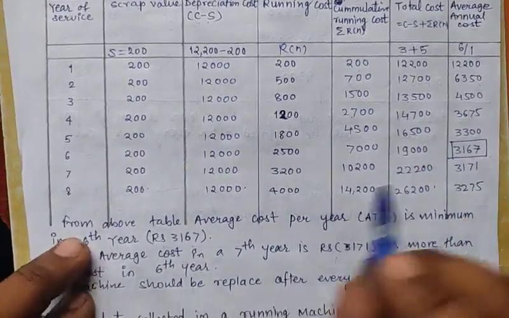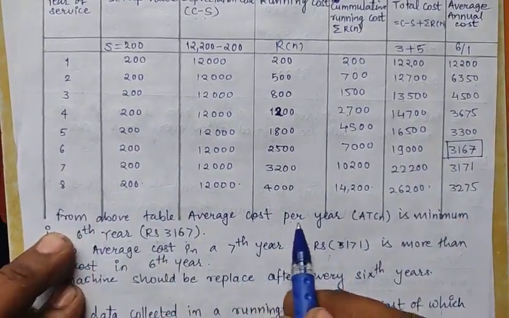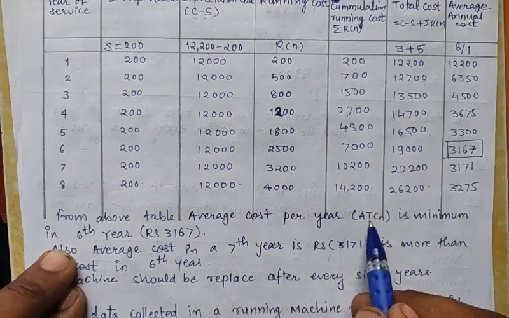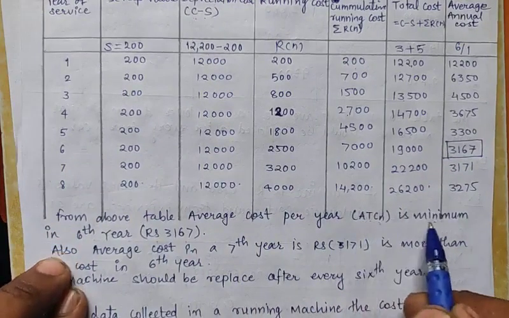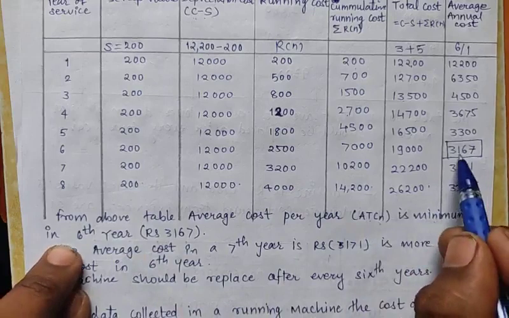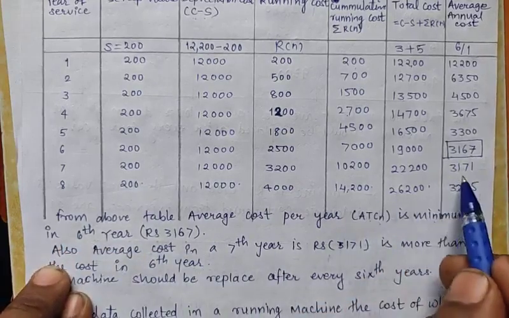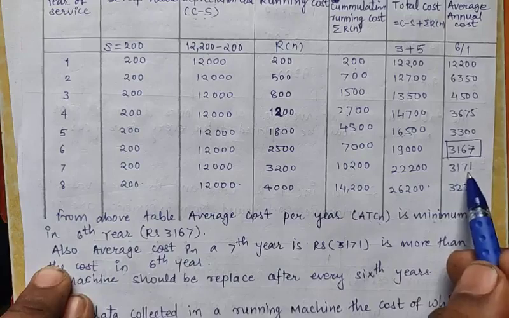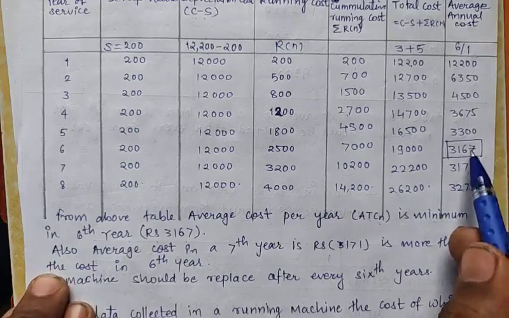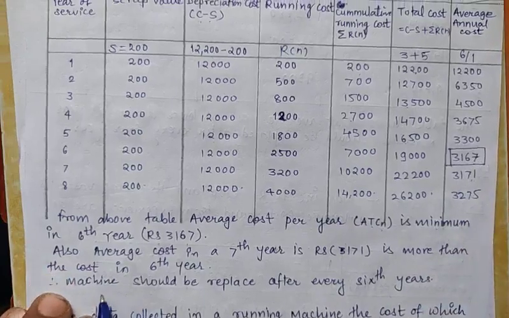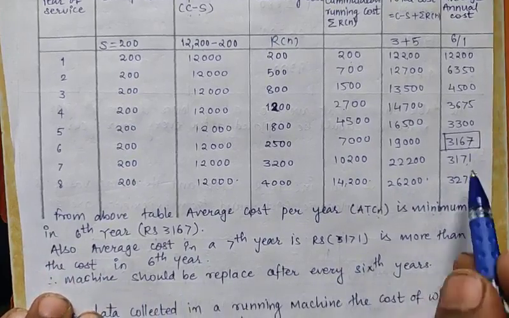Okay, so from above table, average total cost for nth year is minimum in 6th year, which is 3,167. Also average cost in 7th year is 3,171, which is more than 6th year, right? Therefore machines should be replaced after every 6th year.